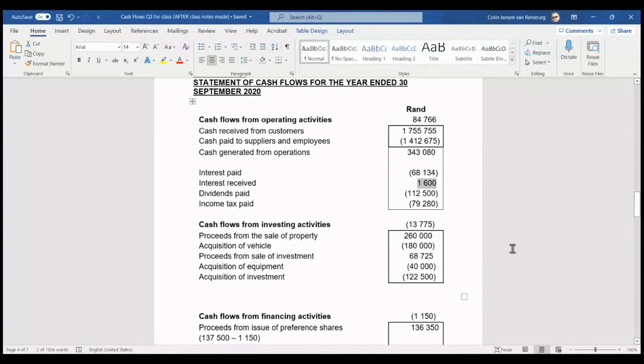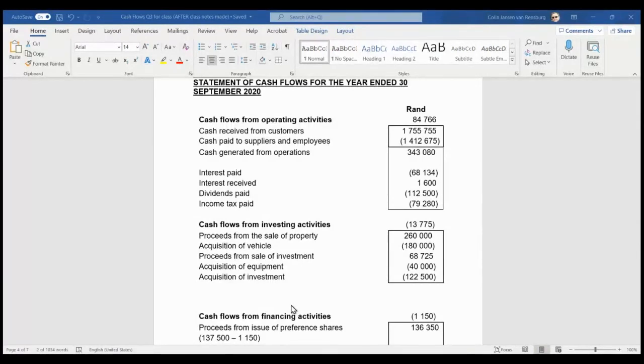And as soon as we write any figure in our statement of cash flows, we've got to ask ourselves the same question we've asked up there. Is that an inflow or outflow of cash? Inflow. Thank you, Nkubile. It's an inflow.